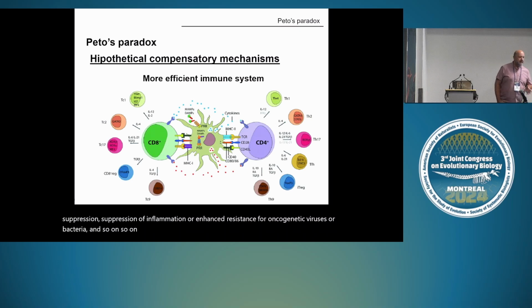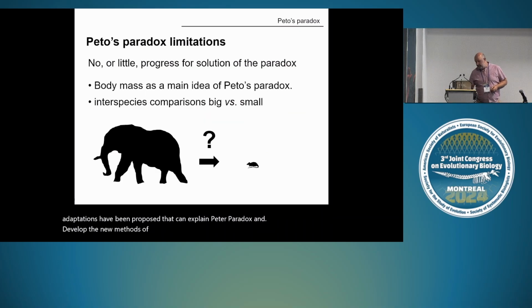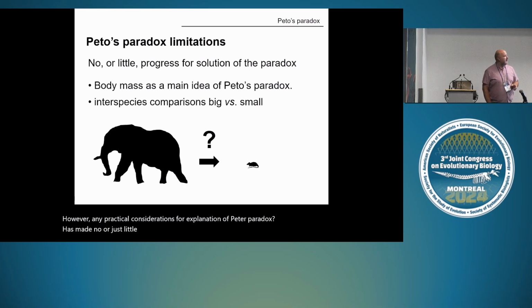Nevertheless, today many such molecular and organismal adaptations have been proposed that can explain the Peto paradox and develop new methods of cancer prevention. However, practical attempts to explain the Peto paradox have made little or no progress, as this phenomenon hits several important constraints.